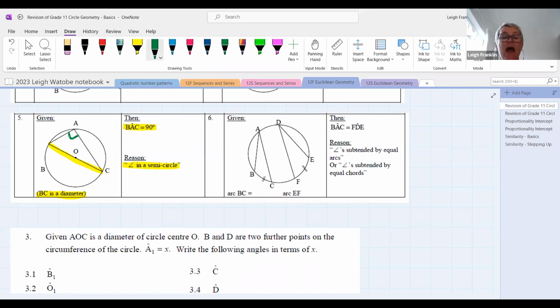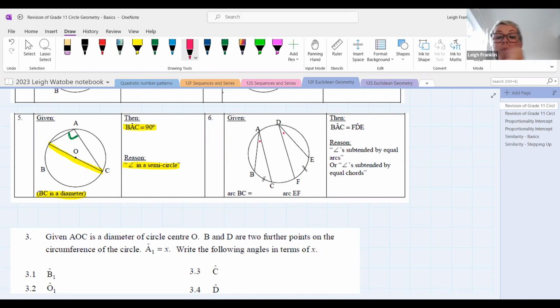And then question number 6. Here, it doesn't matter whether B and C are joined with straight lines or with a piece of an arc. If BC equals arc EF, it means that angles A and D are equal in size.